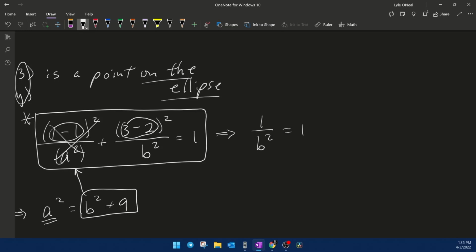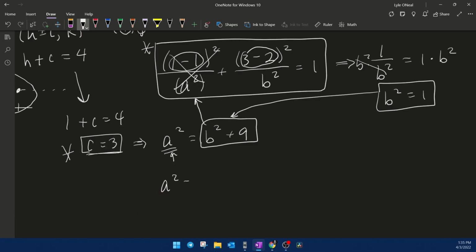And then if I multiply both sides by b squared, I'm going to eliminate my fraction. That's going to give me b squared is 1. And now that I know b squared, I can come back and find a squared. A squared would then be b squared, which is 1, plus 9, giving me a squared is 10.